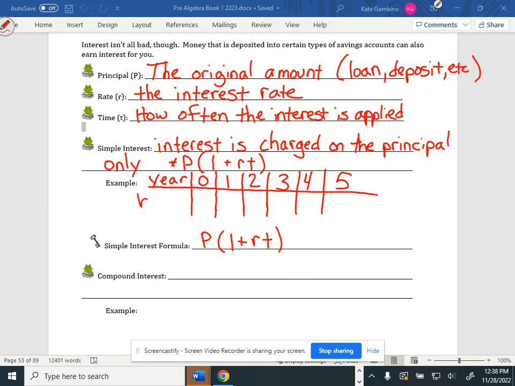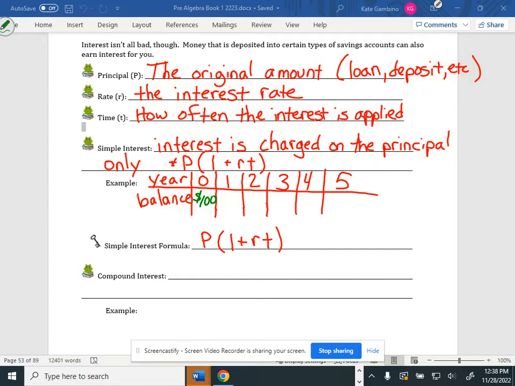Then we have our balance. So let's say we put in, or we borrow $100. So our original amount, our principal, is that $100.